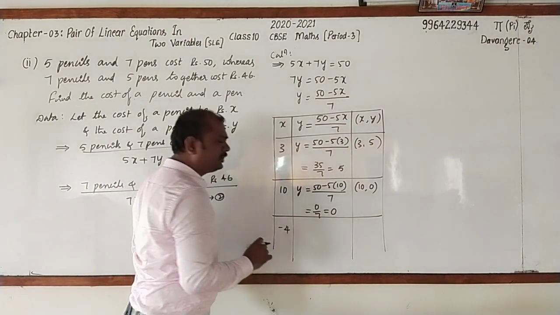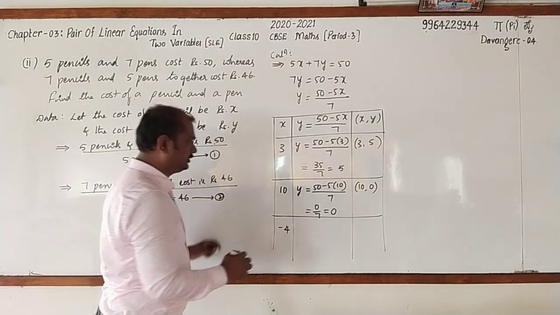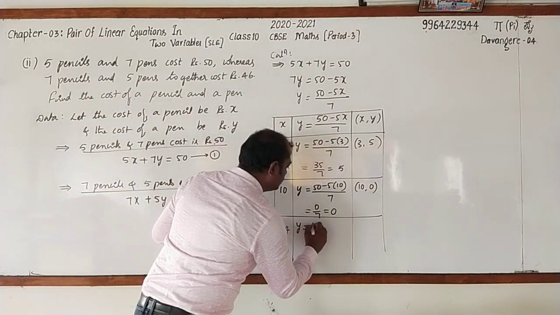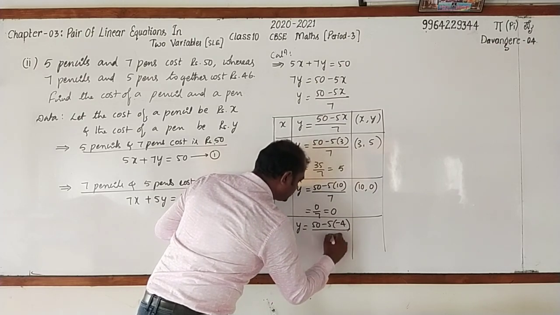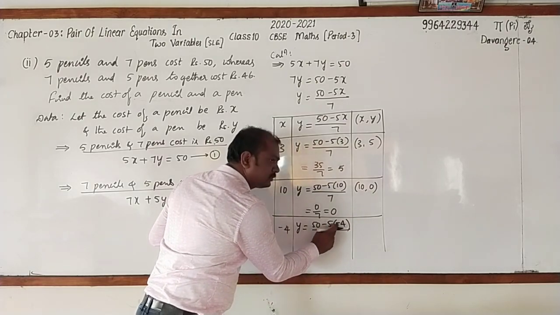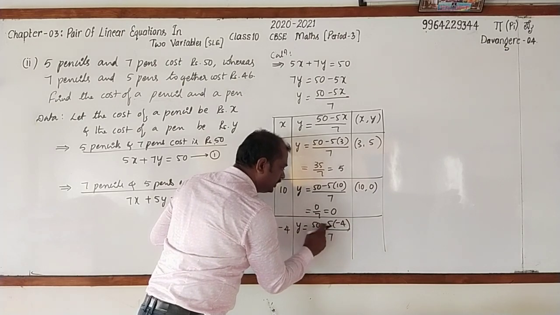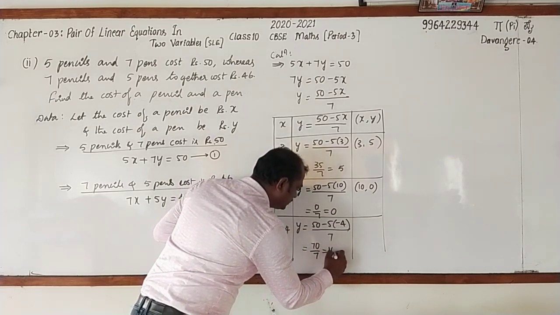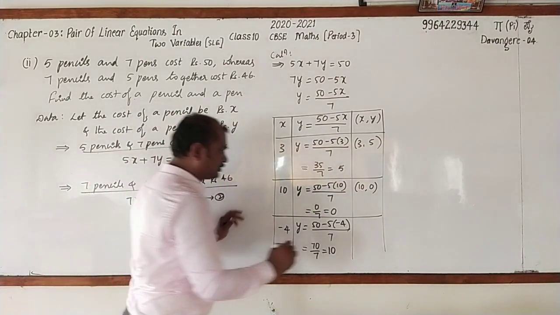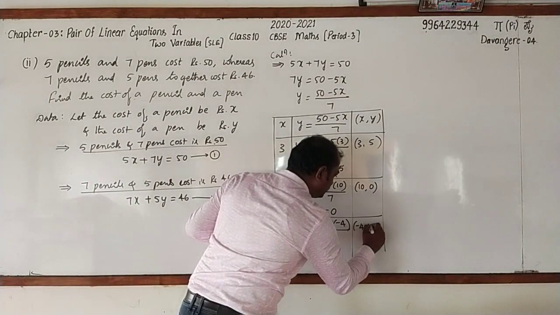I'll take this just for marking the points. Then y is equal to (50 minus 5 into minus 4) divided by 7. It is equal to minus into minus plus, 5 4s are 20. 20 plus 50, 70. 70 by 7 is 10. Clear? So this is minus 4 comma 10.